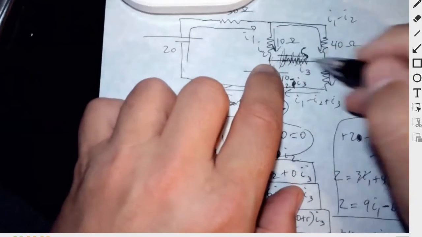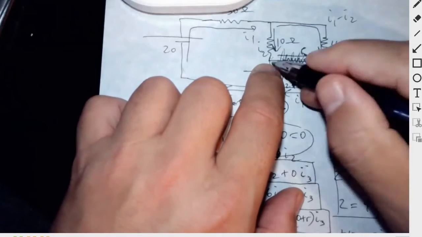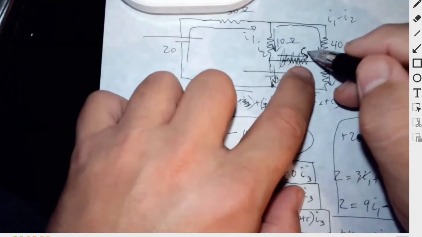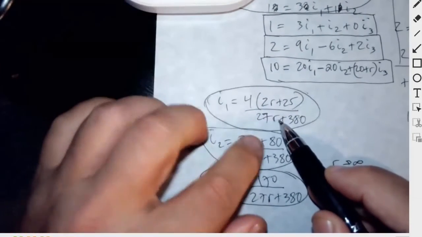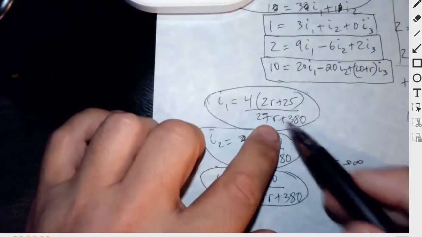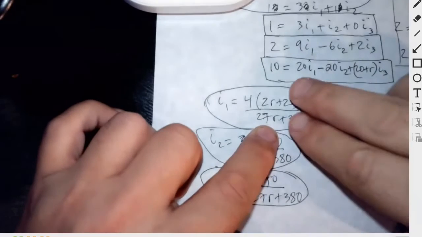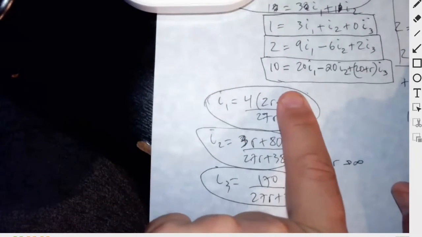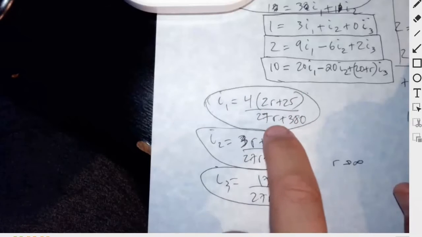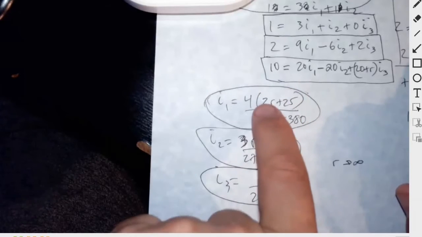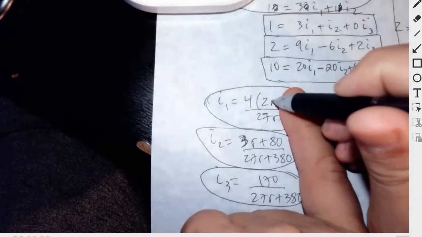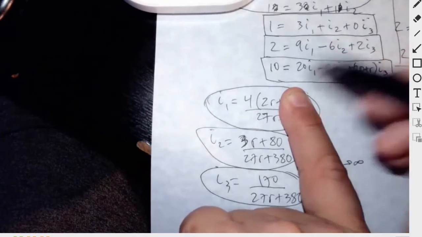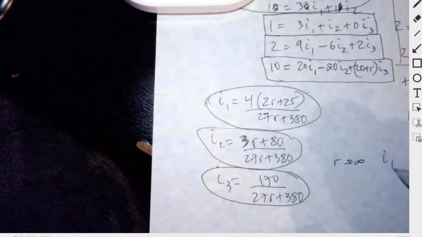You see, not being connected is equivalent to connecting this with a very, very large resistor. So what would be the limit of this as R goes to infinity? These two would dominate, right? When this goes to a very large number, they would approach that, and then the R would cancel, and you'd get 8 over 27. So I1 would be 8 over 27.